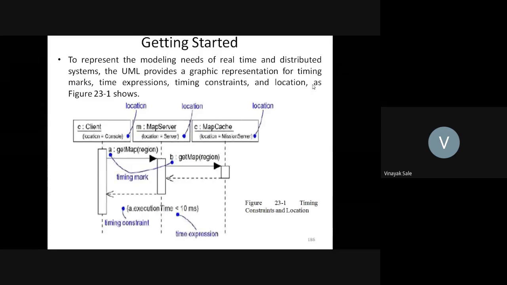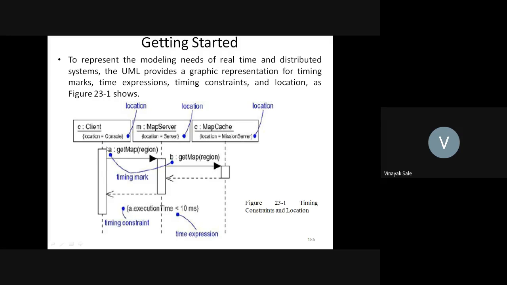So, to represent modeling needs for a real-time distributed system, UML provides graphical representations for timing expressions, timing constraints, and locations, as shown in this figure. There are three objects: client, map server, and map cache. The client's location is console, the map server's location is server, and the map cache's location is mission server.